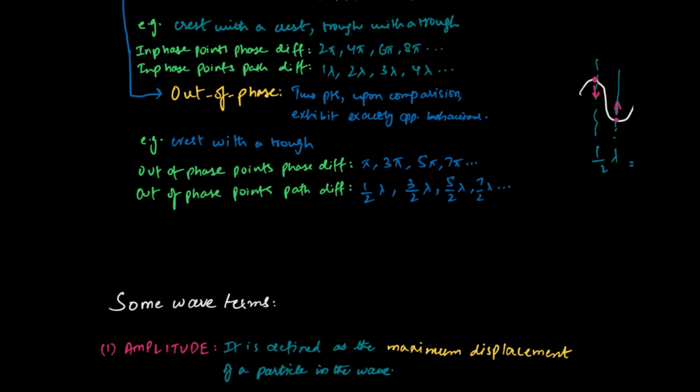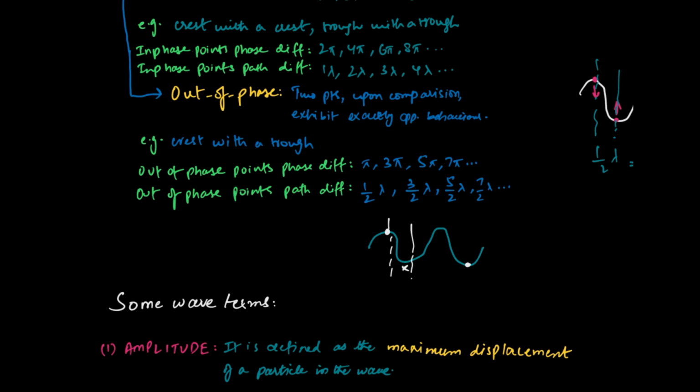Consecutive out of phase points have a phase difference of pi, 3 pi, and so on, like one crest compared to the consecutive trough, or one crest compared to the trough that comes after the first trough. That would be 3 pi, then 5 pi and 7 pi. The path difference for out of phase points is half lambda, and one example is 3 upon 2 lambda, or 1.5 lambda, comparing a crest, leaving this trough, and comparing it with the next trough.